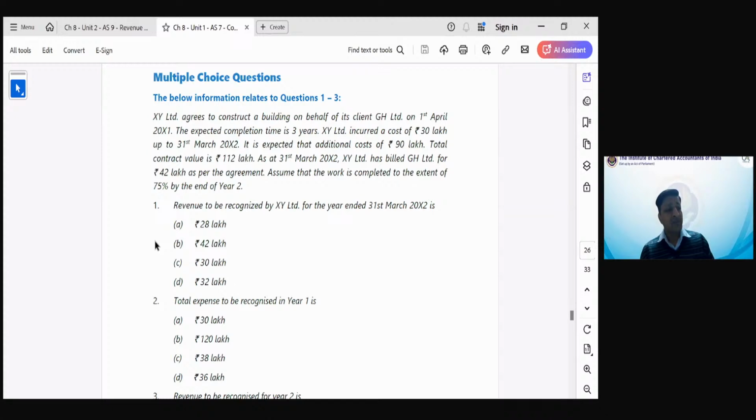So I would say it should be A. Maybe it's a typing problem. So that part you can just ignore, because you need to look at what is the cost incurred in the first year. That's how I'll suggest you should go with this. All right, no worries.